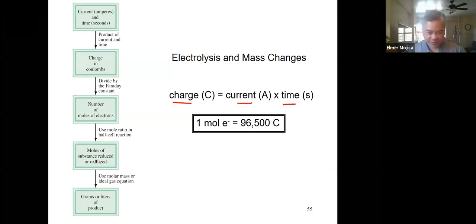And from that, you'll be able to get the number of moles of substance that is reduced and oxidized. And if you want to express it in liters and in mass, you just use the molar mass or the ideal gas equation. Okay? So what do we have?